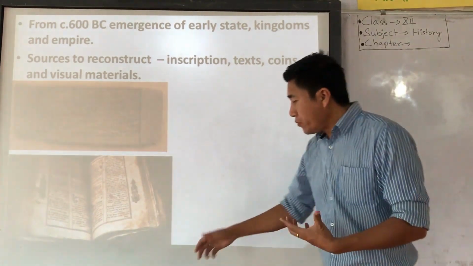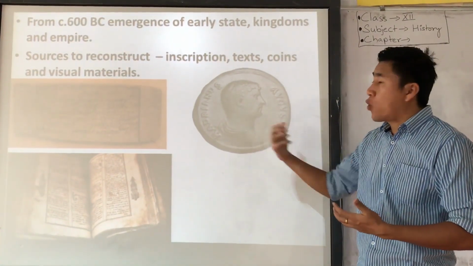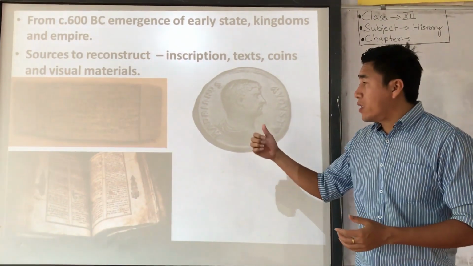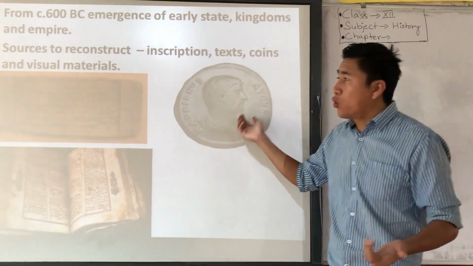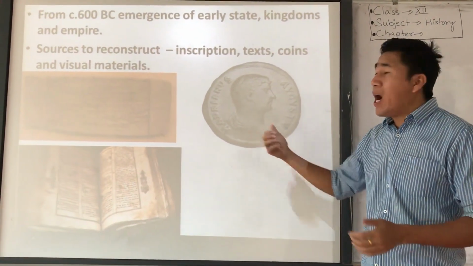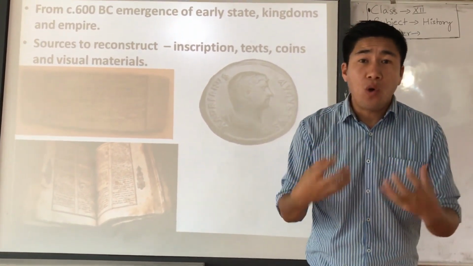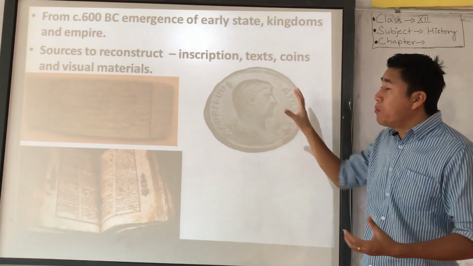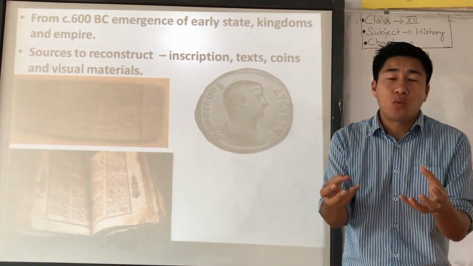Understood? And the third important source to know about history is coins. Those who study coins are called numismatists, not epigraphists. Those who study inscriptions are called epigraphists. Why are coins considered an important source? Because some coins contain the image of a king, so by looking at that image we know about the different kings who existed.